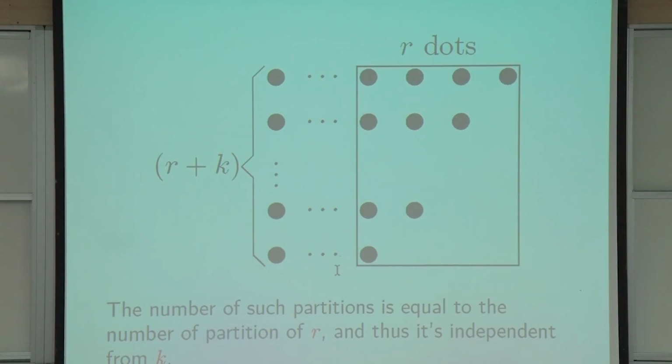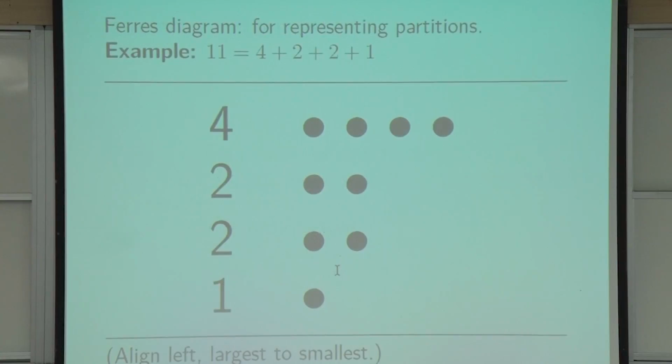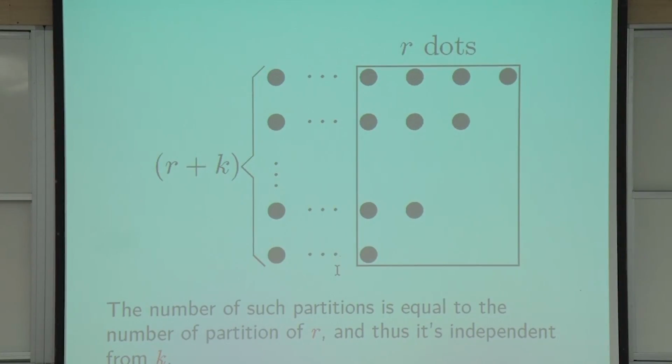We want you to show that the number of partitions of the integer 2r plus k into exactly r plus k parts is the same for any non-negative integer k. If we want to draw this partition as a Ferrers diagram, then we have to draw r plus k lines. In the r plus k lines, we already have r plus k dots here.